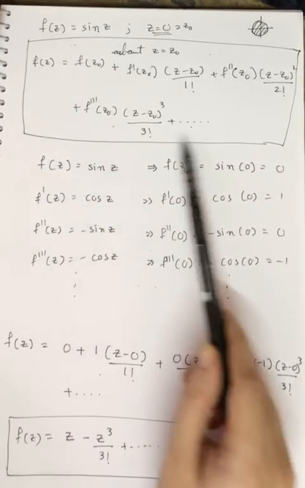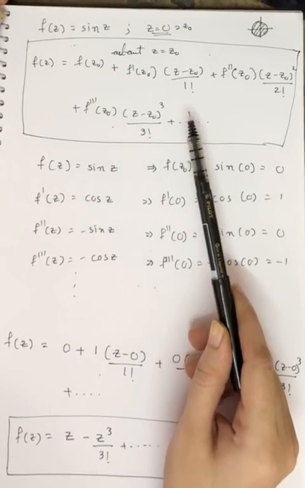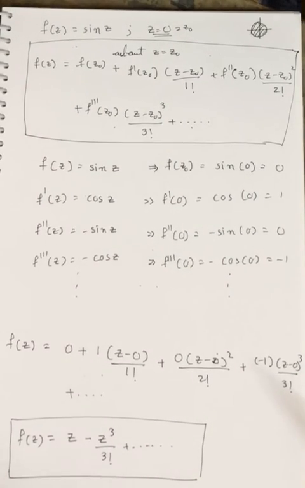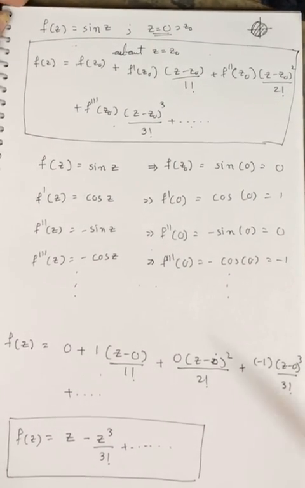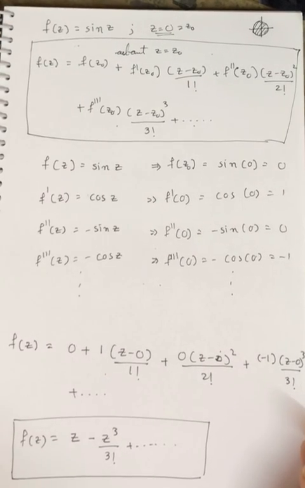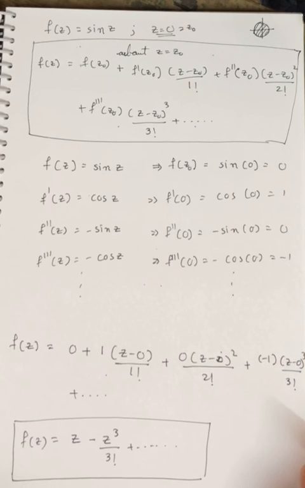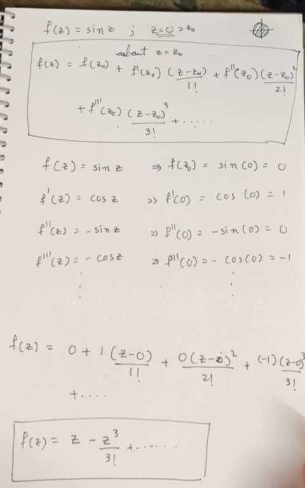This is the definition, this is the only thing you are going to use. Plug in the values and find the Taylor series expansion. This is what you will do each and every time you are given a particular function and asked to find a Taylor series expansion about any point.